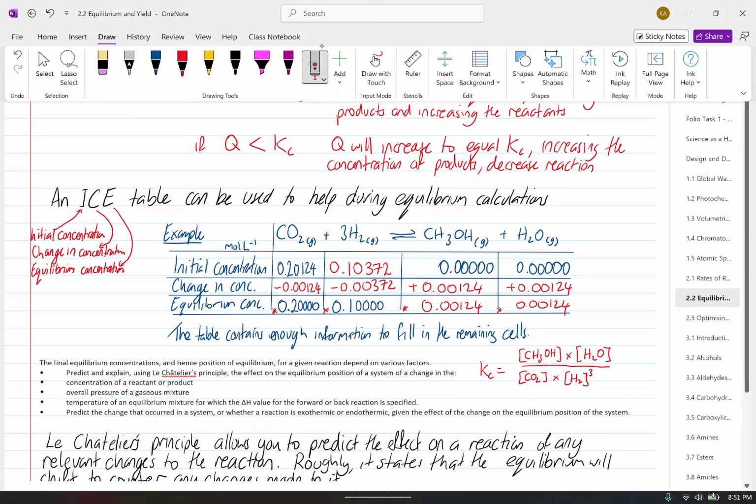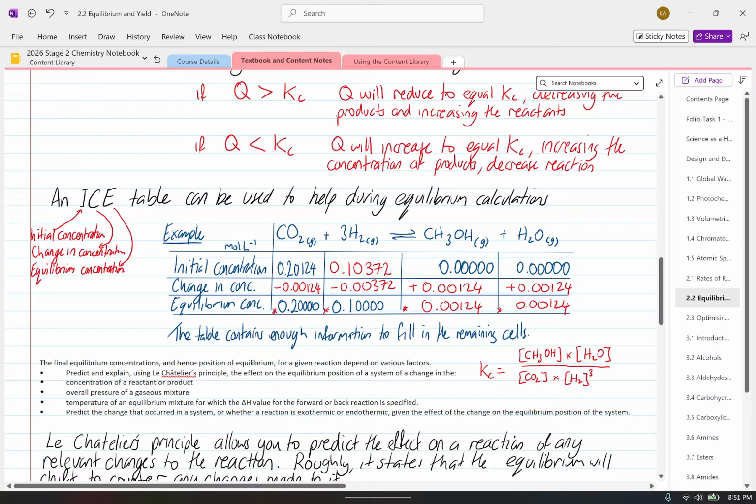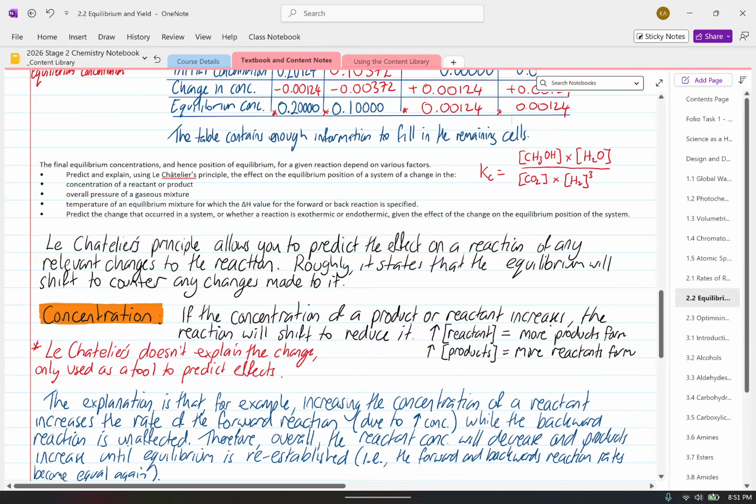Okay, so moving on to the next section, we have what's called Le Chatelier's principle. Whether I pronounce that properly or not, I have no idea. Regardless, this principle is a way that we can sort of shortcut recognize or predict what is going to happen to a reaction if we make some sort of change to that reaction.